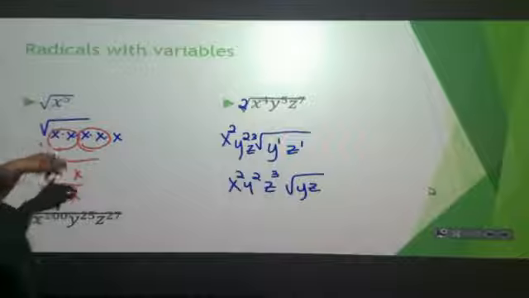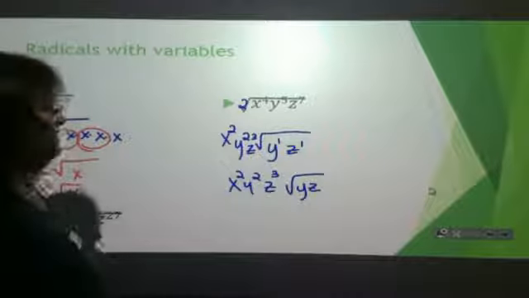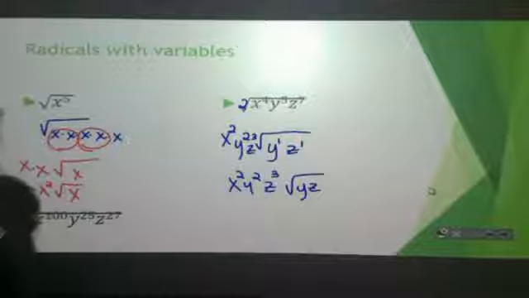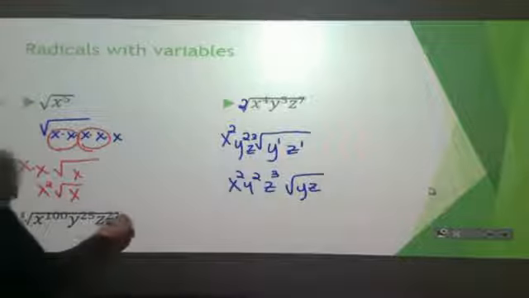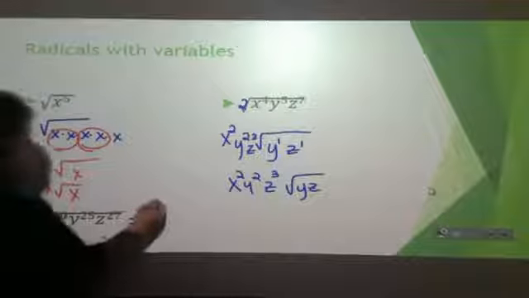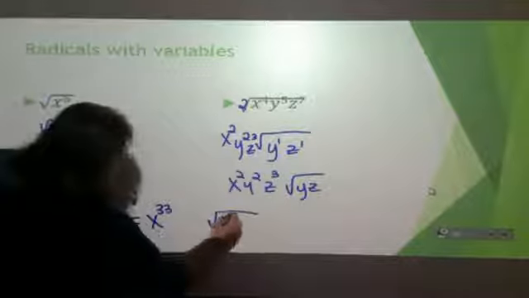It's good with numbers, especially until you get used to doing it, looking for pairs or cubes or whatever your index is. So let's look at this last one. Cube root this time. So we're looking for 3 at a time, or we're going to be dividing 3 into each of the exponents. So the x's, 3 goes into 100 33 times with 1 left over.